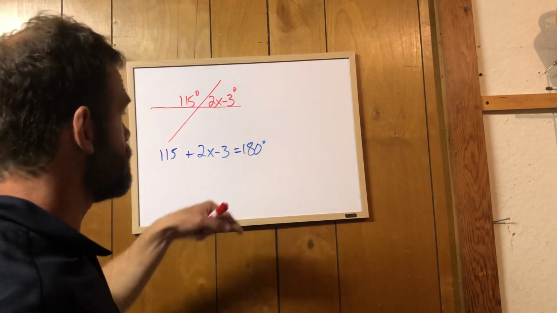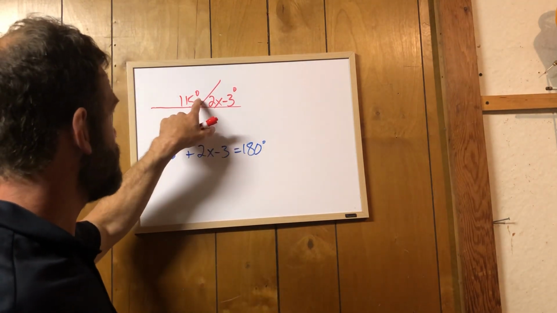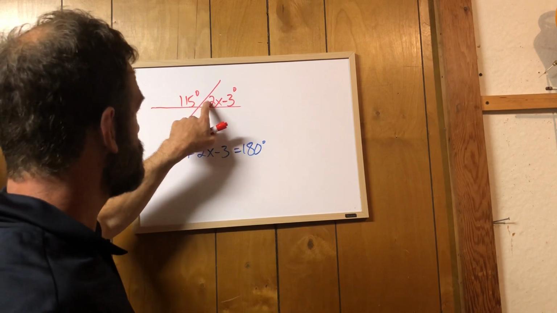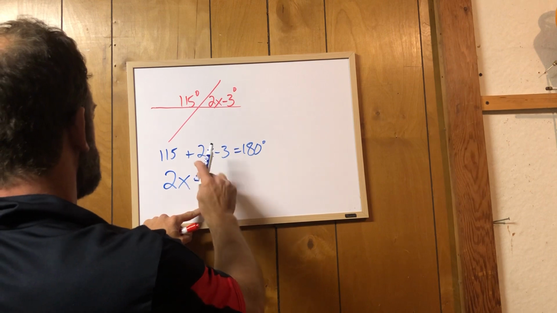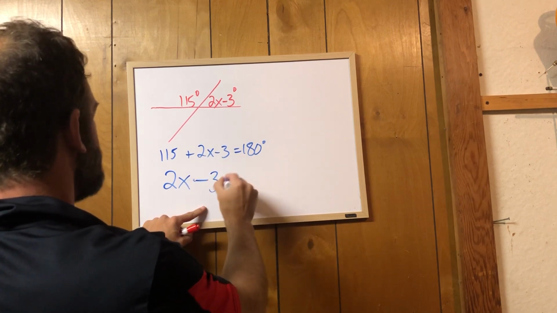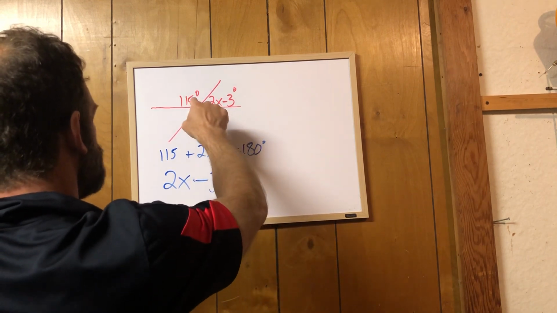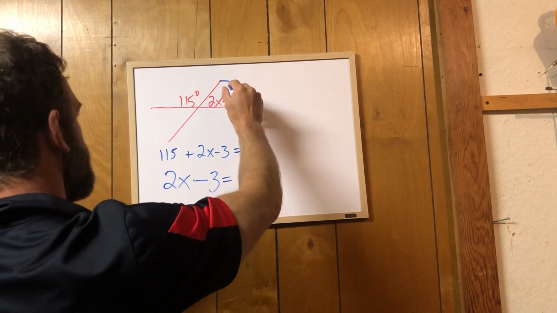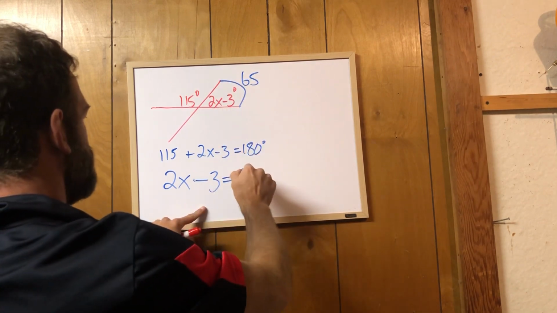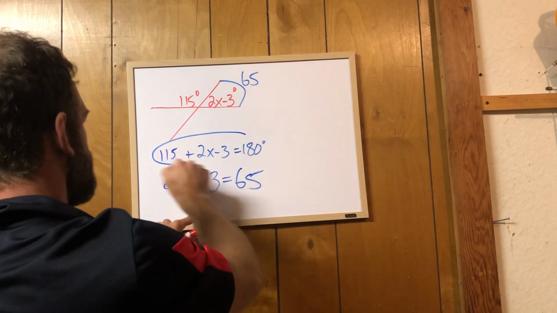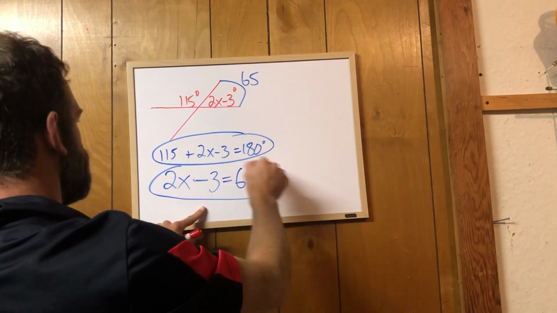Or you can set it up like this: if this is 115, this angle right here has to be 65, because that's the only way you're going to get 180 degrees. So you can either set it up like this or like this.